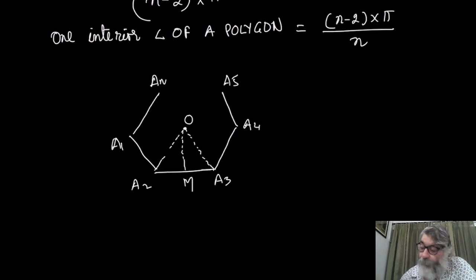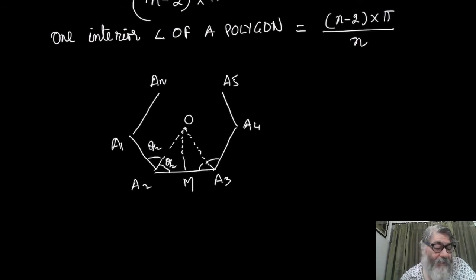Now please remember one thing: every vertex which is joined to this center O will bisect the interior angle. And all interior angles are equal. Suppose it is theta, so I'm saying this is theta by 2, this is theta by 2.